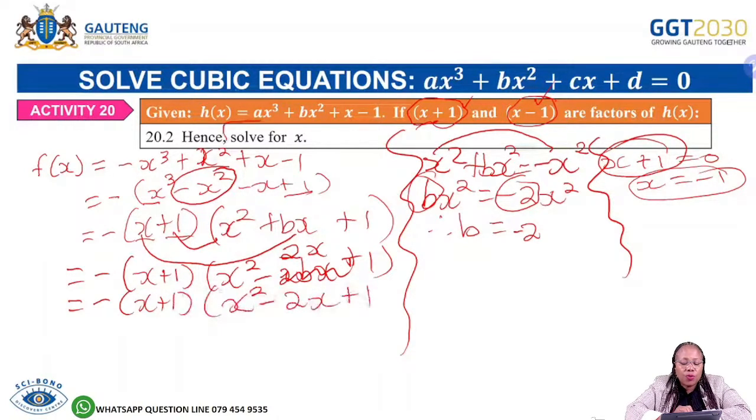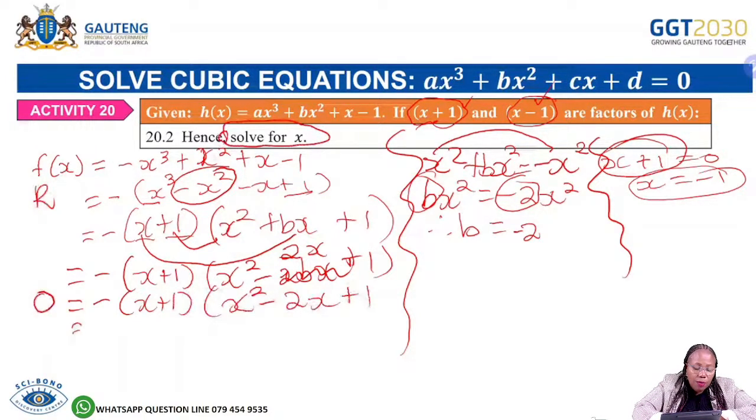But now, because we are solving for x, we must let this equal to 0, because these are the factors for this. Remember, if these are factors, the remainder is 0. So now we will be having minus x plus 1, and then the trinomial factor will be x, x, and then 1.